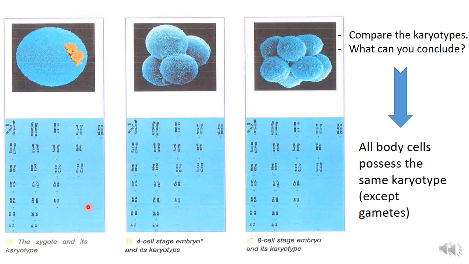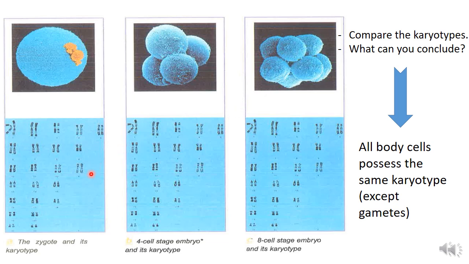If you count them, the 3 karyotypes show 46 chromosomes or 23 pairs, and these chromosomes are identical in the 3 karyotypes. I mean that pair 1 in the first karyotype is the same as pair 1 in the second karyotype, the same as pair 1 in the third karyotype, and so on.